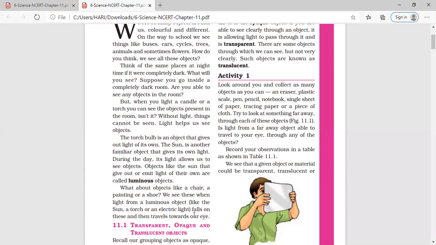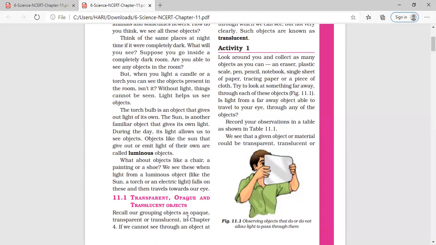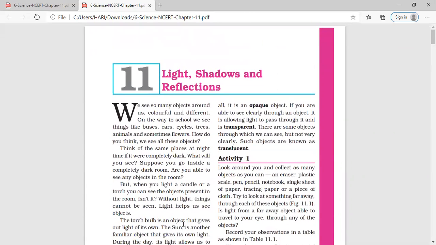Now we will see about transparent, opaque and translucent objects. Recall your grouping of objects as opaque, transparent or translucent in chapter 4. If we cannot see through an object at all, it is an opaque object.